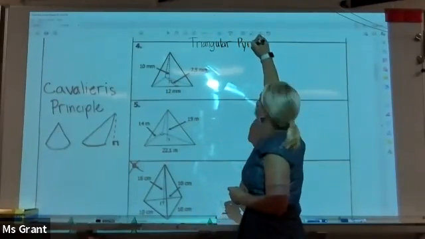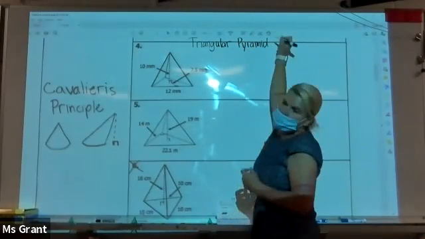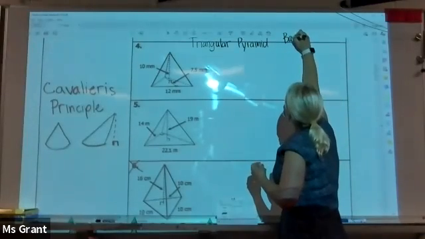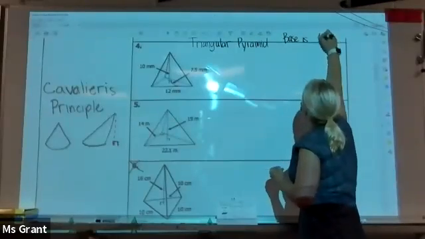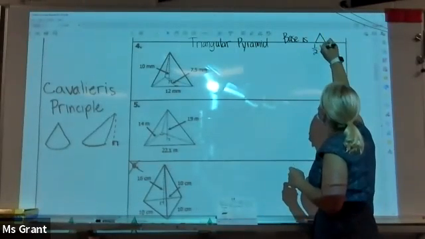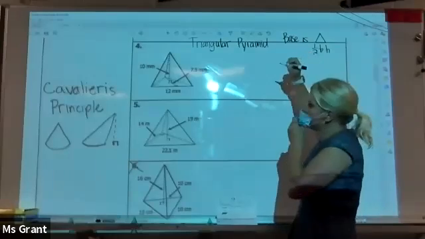So the triangular pyramid, my base is a triangle, which is 1/2 base times height.